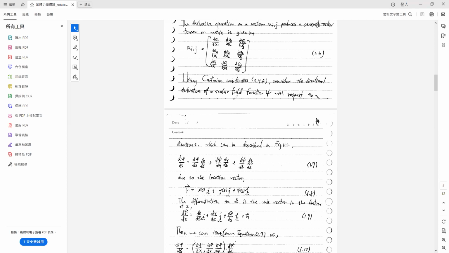And then we talk about the scalar field function phi with respect to direction s. Actually, s is a distance.